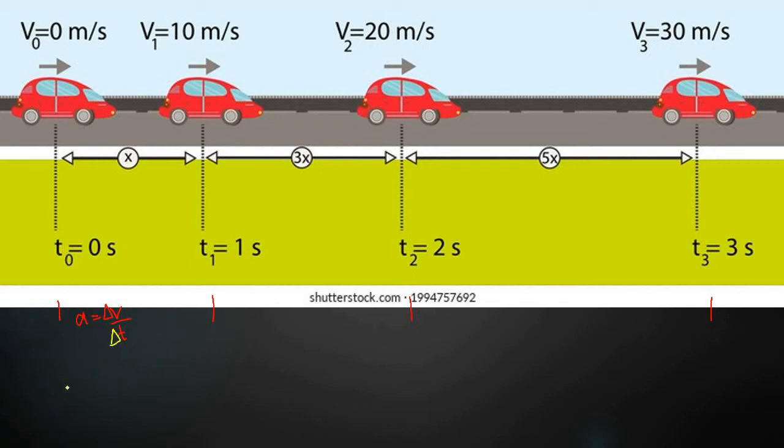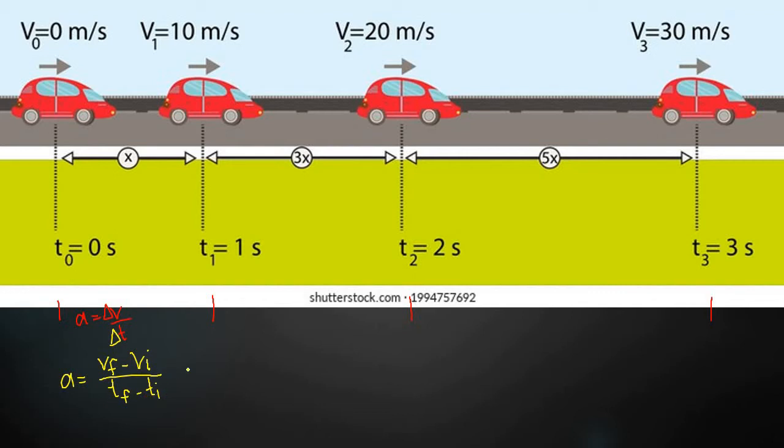So we can expand that into a is equal to vf minus vi all over tf minus ti. vf stands for final velocity, vi for initial velocity, tf for final time, and ti for initial time.